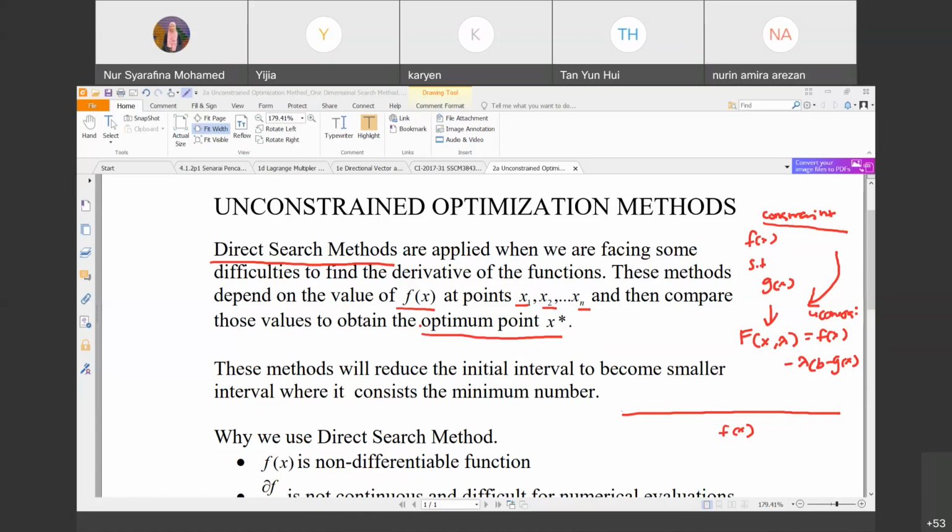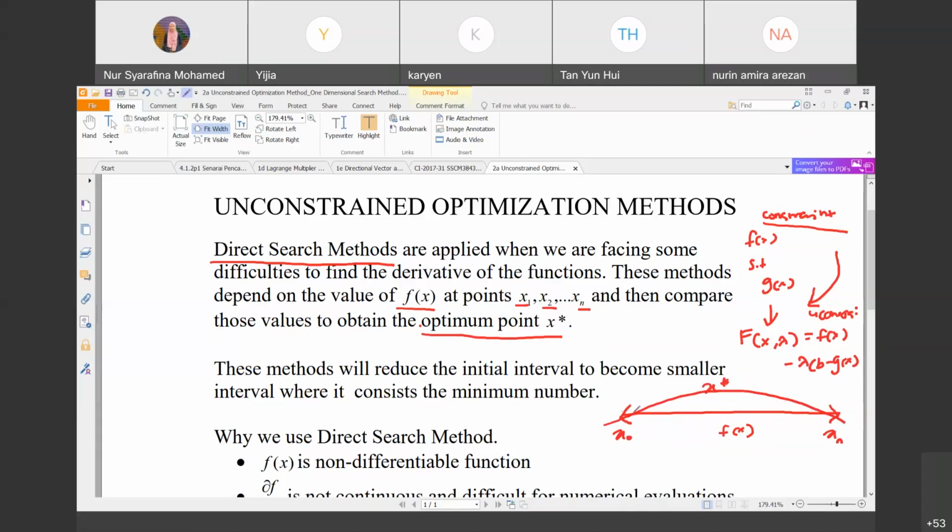Let's proceed. So let's say this is your function. In order to gain the optimum point from the initial point, let's say we want to have the maximum value, and let's assume that that is your maximum point.